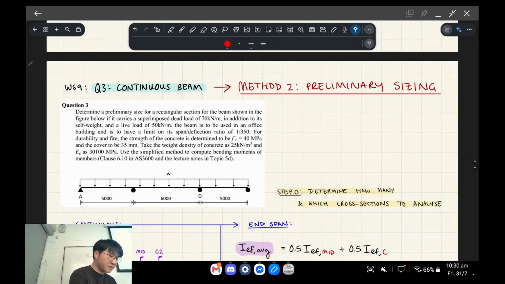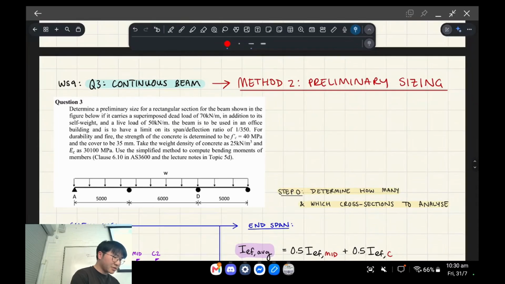Here's a different question. Here's a continuous beam, and for this particular question, it asks us to do a preliminary sizing, or basically we had to design the beam based on serviceability. Okay, so it says determine the preliminary size for a rectangular beam shown in the figure, and it carries a superimposed dead load, so I'll just write this down in the other document.